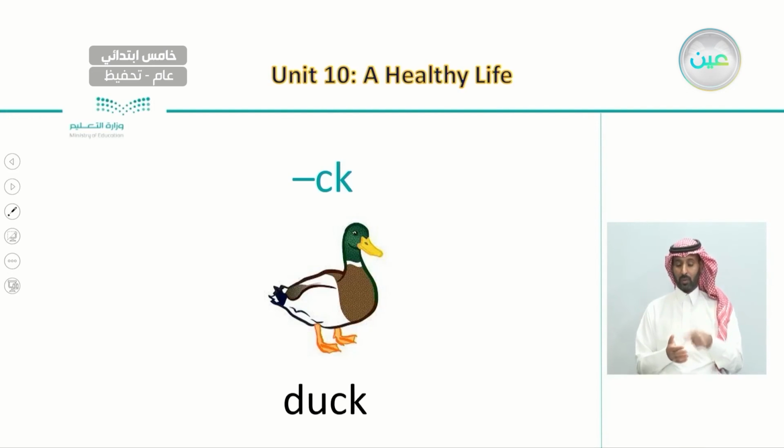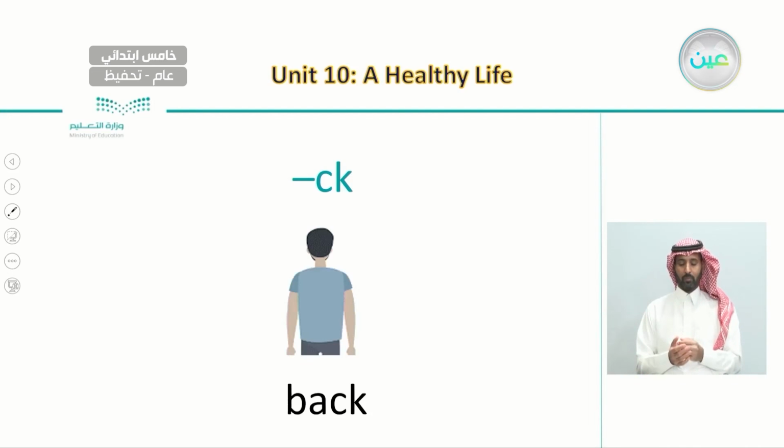This will leave us with words that end with C and K. For example, duck. Duck ends with C and K. And back. Back ends with C and K, and we pronounce it as K sound. Back.